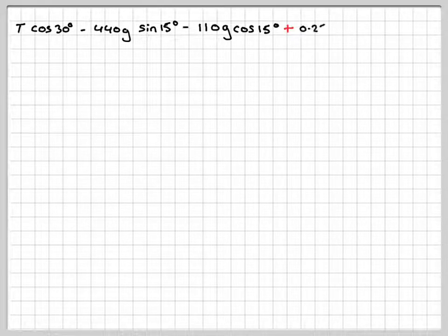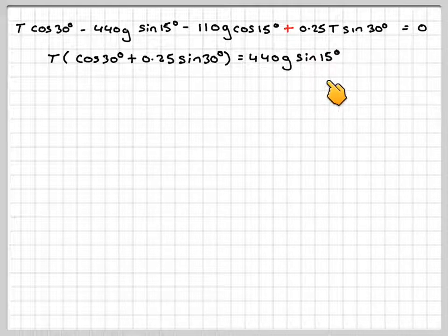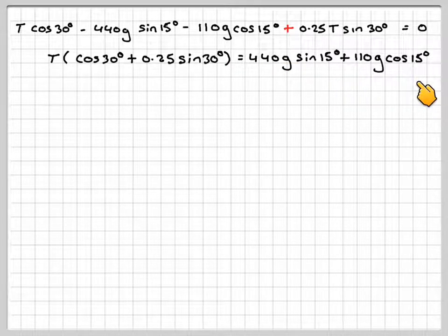Collecting together the terms in T, we're going to have T, brackets, cos 30 plus 0.25 sine 30 degrees, and then taking the other things to the other side, we're going to have 440 g sine 15 plus 110 g cos 15.